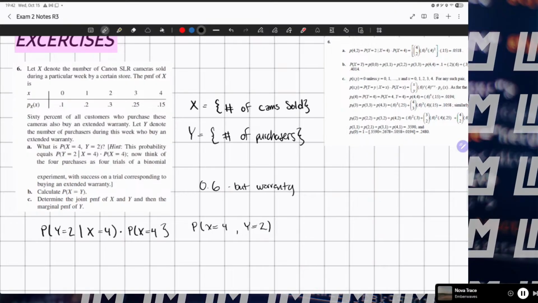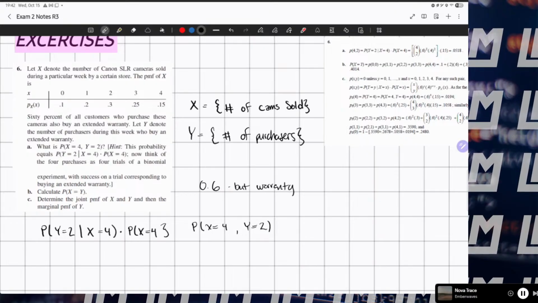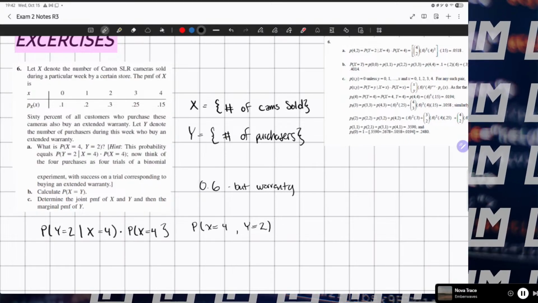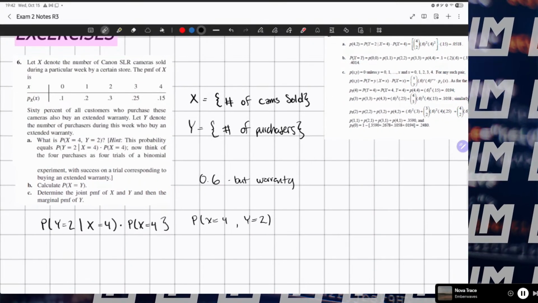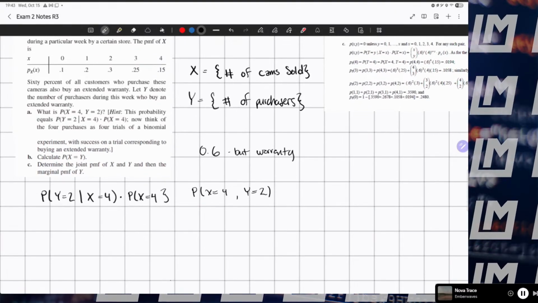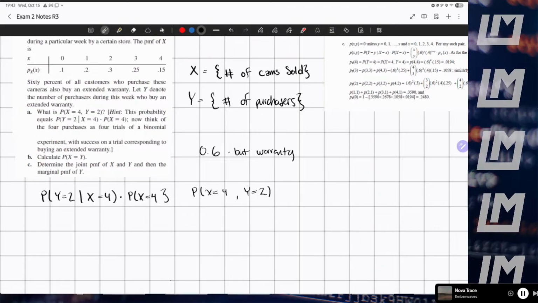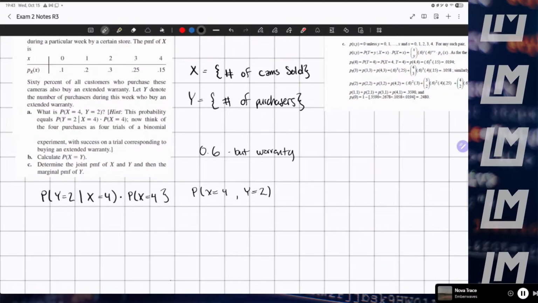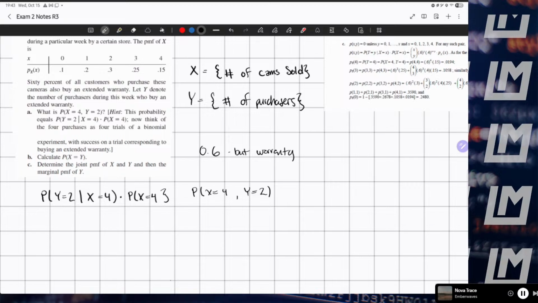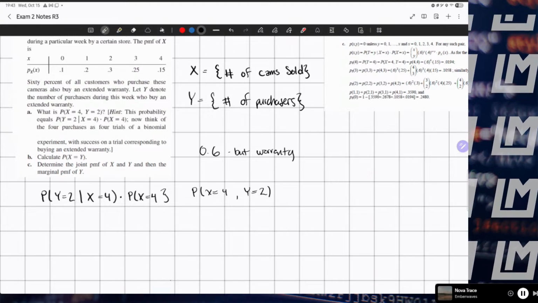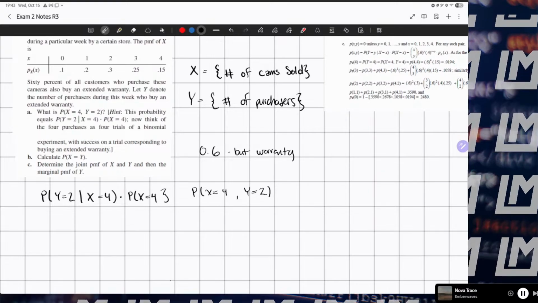60% of all customers who purchase these cameras also buy an extended warranty. So this would be a dependent, right? Since it's 60%. Let's see. I'm going to pull up Quizlet and see what the steps are.